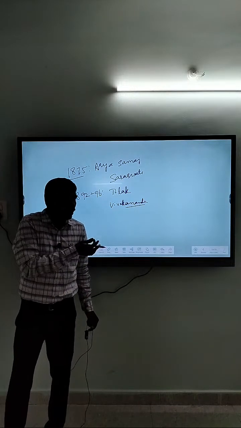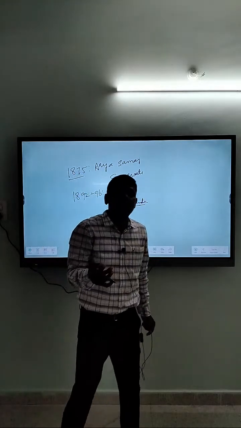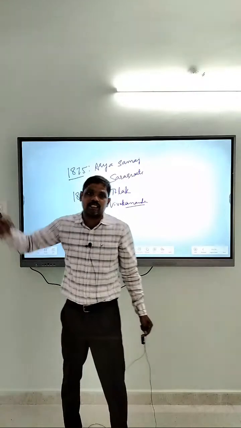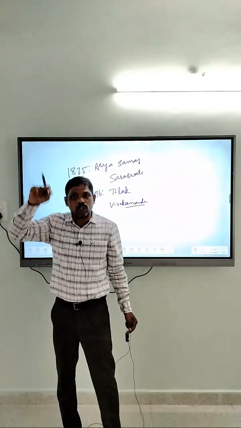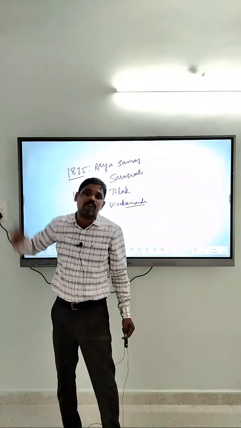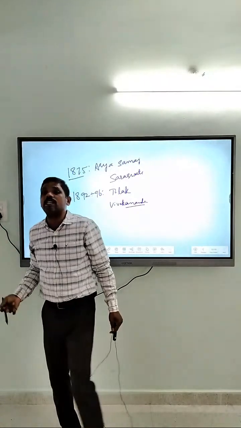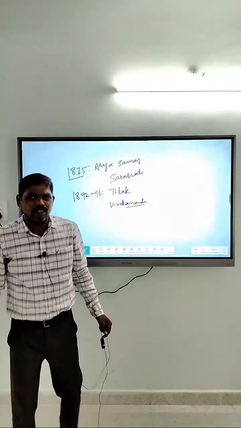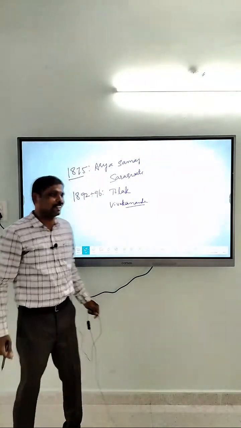The point I want to convey is that Swaraj is not new, and don't think that Swaraj came only in 1916. Swaraj was a goal of India from 1875 onwards.